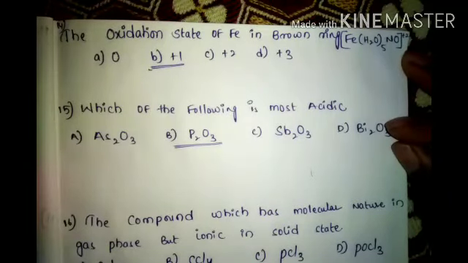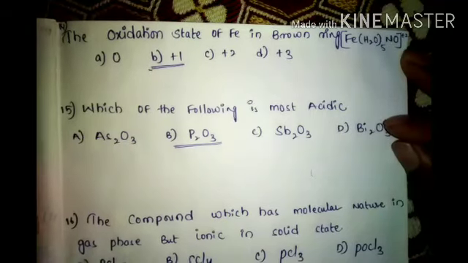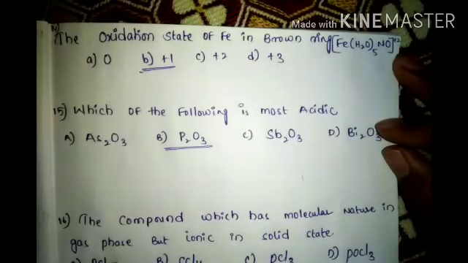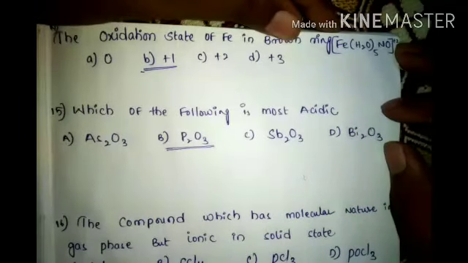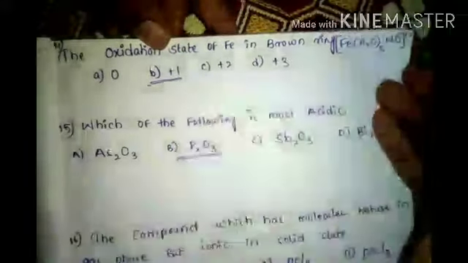Next question. The oxidation state of Fe in the brown ring. The brown ring chemical formula is [Fe(H2O)5NO]2+.